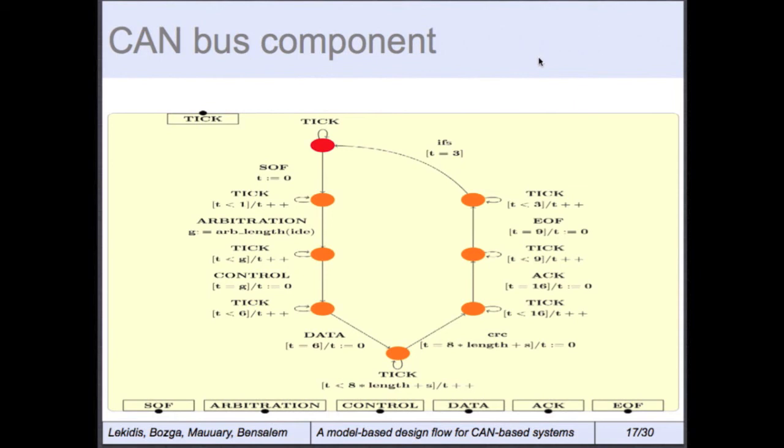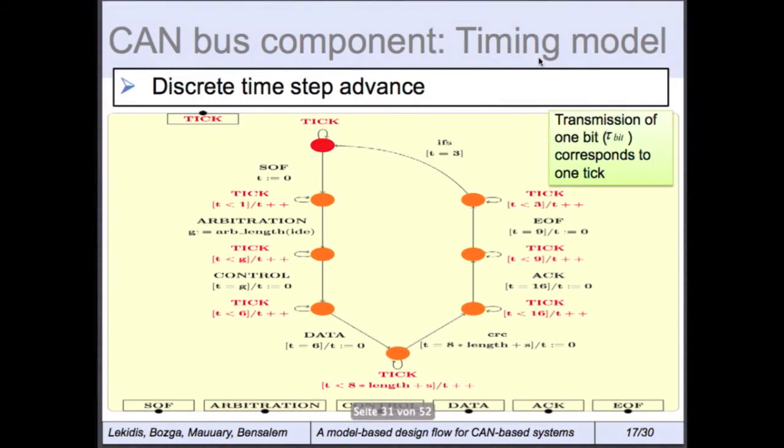I illustrated before the behavior of the atomic components, and here is one particular component, the CAN bus. What is highly important here is that you can see the sequential transmission of each frame field upon the transitions that follow the interactions. It also has a timing model, which is most important because it is a discrete time advance, which means that when I send one bit, it will take a particular time of one tick.